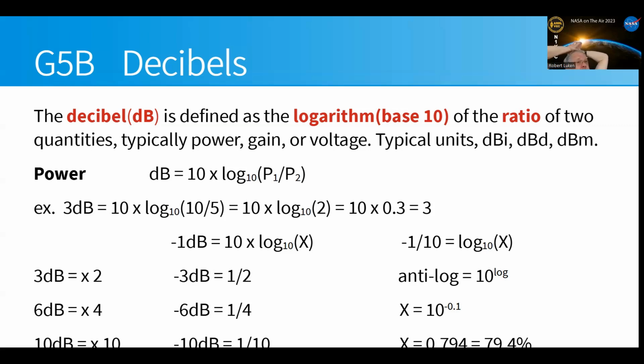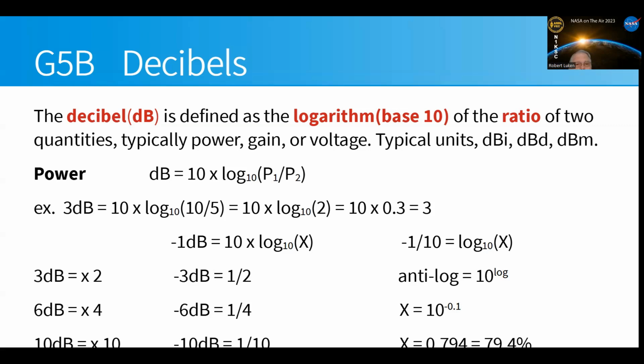So a 3 dB increase is a ratio of 2. If it was a minus 3 dB, it would be a ratio of 1/2, like 5/10 in that example.